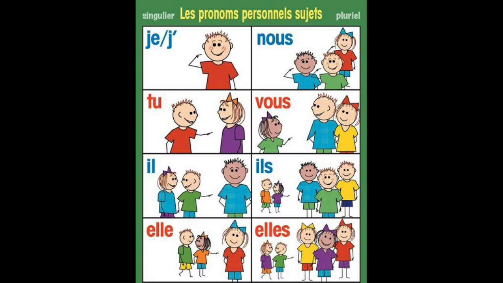We have nous, which is we. We have vous, which is you for plural. And we have il with s and elle with s for absent persons, which are more than 2. And we have seen that we can replace it by il or elle in the singular.